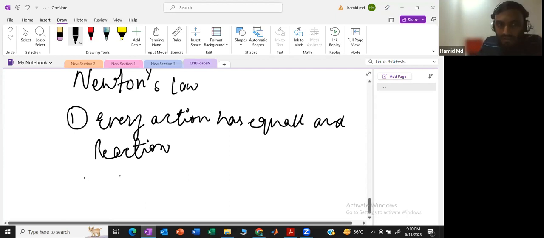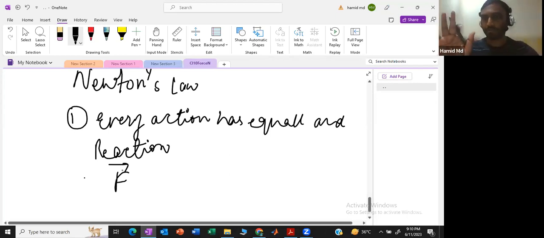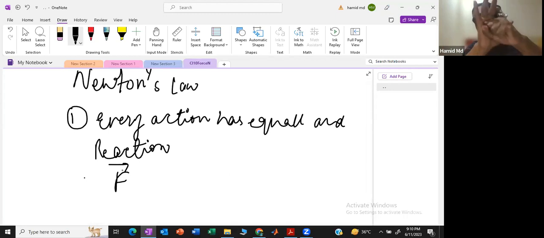So I'm writing it. If I apply a force on the spring, the spring also pulls us back. Yes, it pushes us back. That's the equal and opposite reaction.